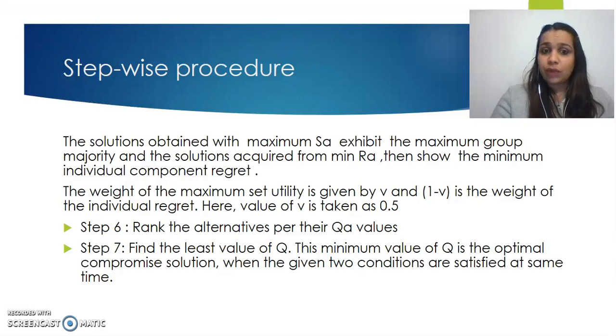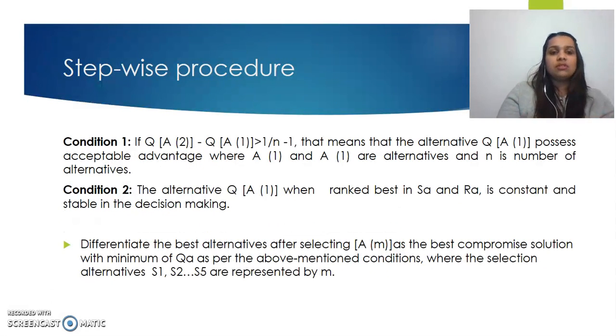The next step is to rank the alternatives as per their QA values, and then we find the least value of QA. This minimum value of Q is the optimal compromise solution when the given two conditions are satisfied at the same time. So what are these conditions? We have two conditions here: QA2 minus QA1 is greater than or equal to 1 over n minus 1.